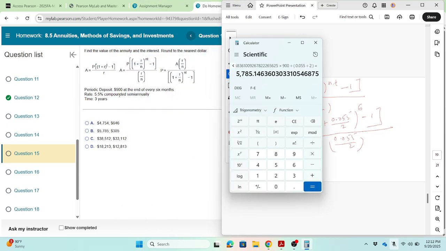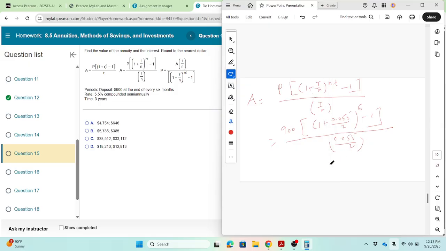So if you deposit 900 bucks every 6 months, so in a year you are depositing 1,800. In 3 years, 1,800 times 3 is 5,400. But this is the amount you are going to get with this plan: 5785, and then the difference of this one minus the deposit.